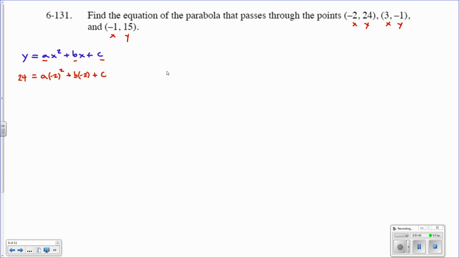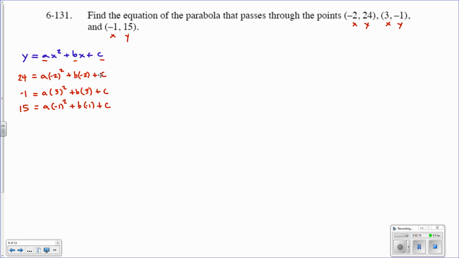Our y value is -1, so -1 equals a times 3 squared plus b times 3 plus c. And now let's do the last one. 15 is our y, so 15 equals a times -1 squared plus b times -1 plus c.